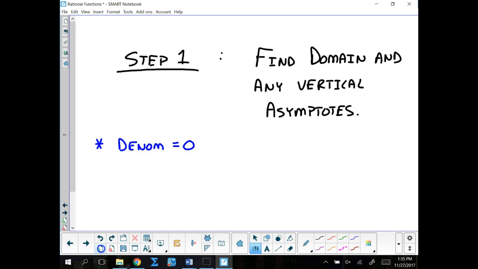That's going to give us our restrictions. That's also going to give us our vertical asymptotes. That's where we start. Every single one. Even that nasty thing that comes at the end of the smart board. That's exactly the same place where we're going to start.